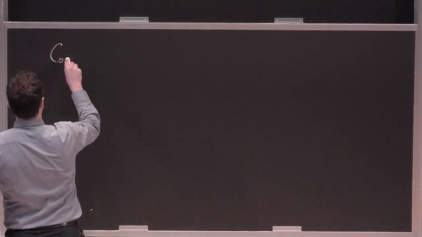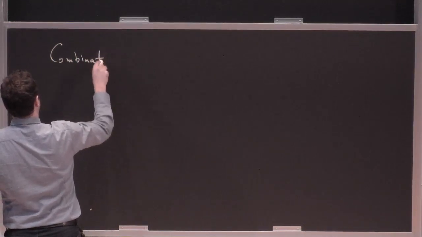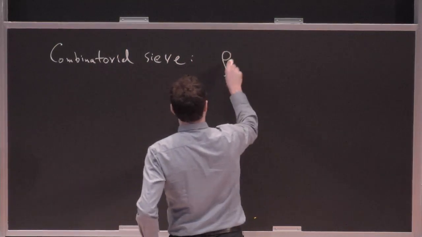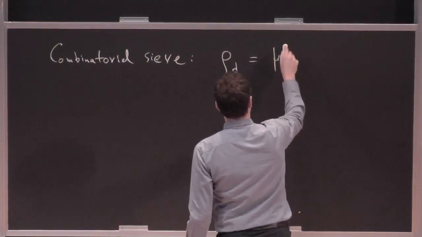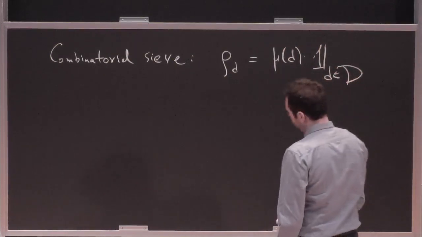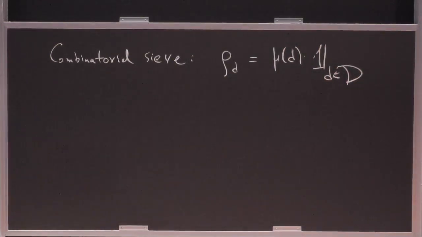The older way is using combinatorial considerations, going back to Buchstab and to Brun. And these involve taking, so the combinatorial sieve would be to take rho of d, nu of d times, but only supported on some special set of d that is defined anatomically.